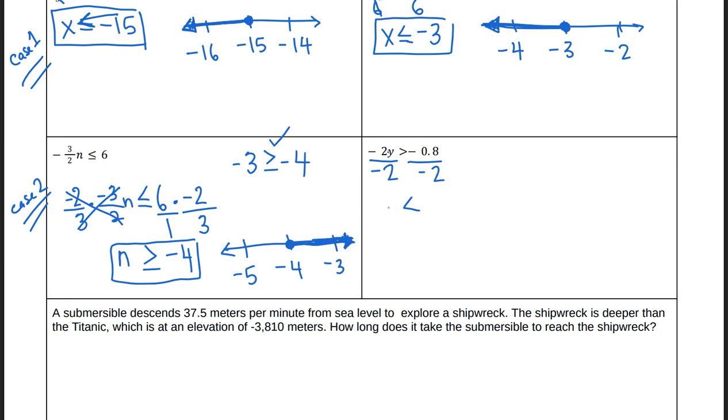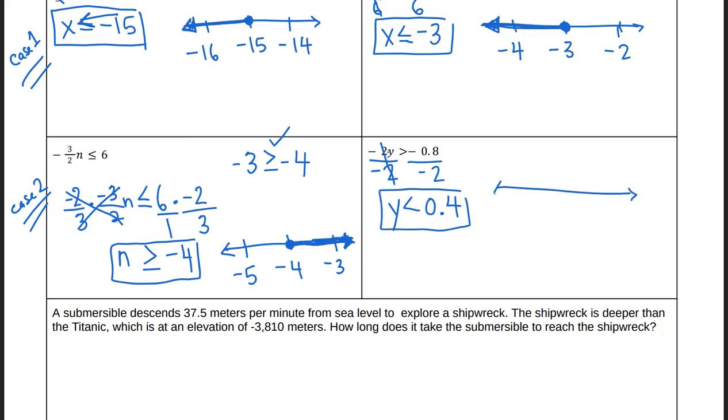Then I can just continue on with the math. Negative 2 divided by negative 2 is 1, which cancels out so that I can have the variable by itself. Negative 0.8 divided by negative 2: a negative divided by a negative is a positive, so this is going to be 0.4. So y is less than 0.4.